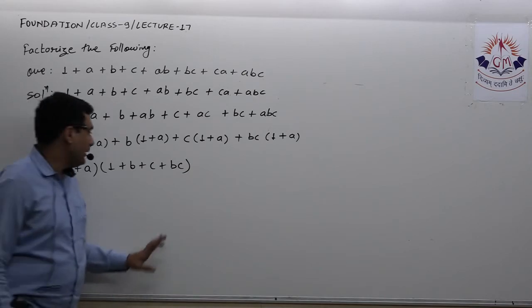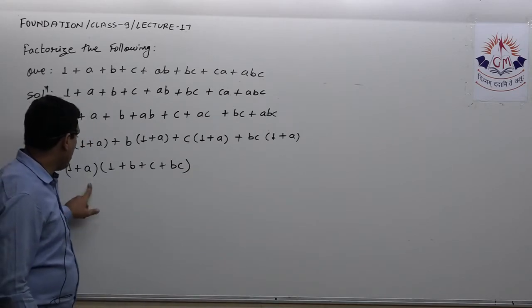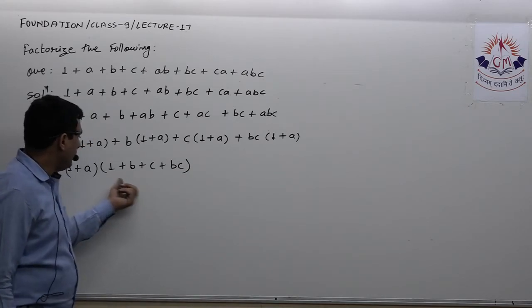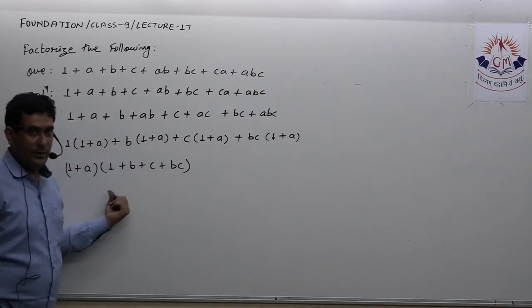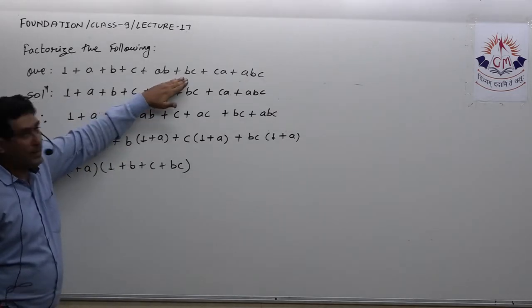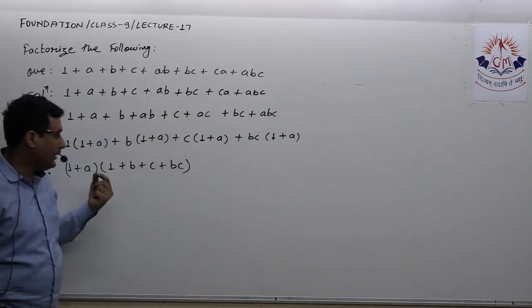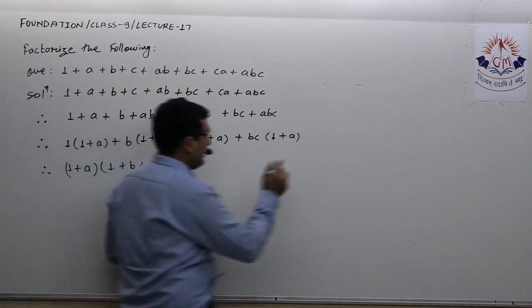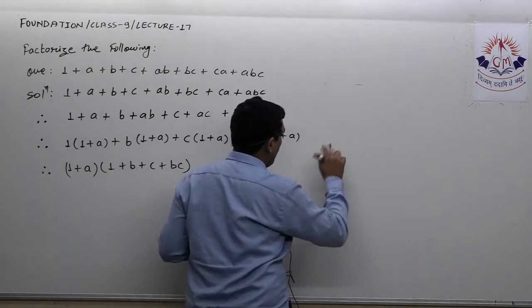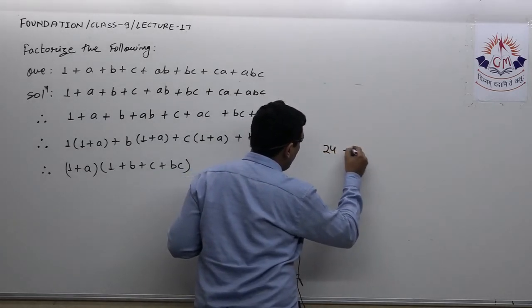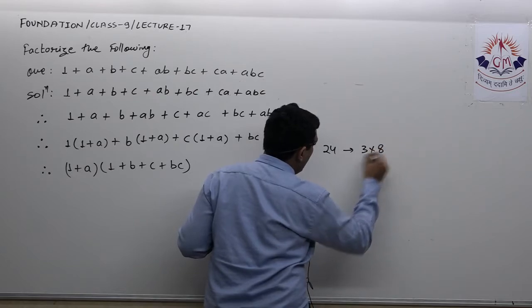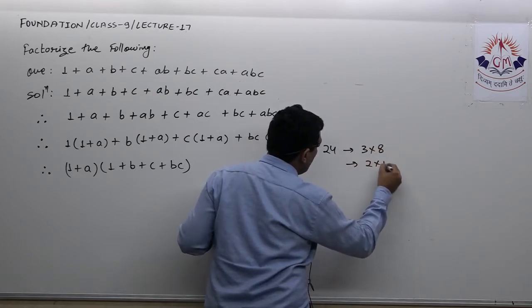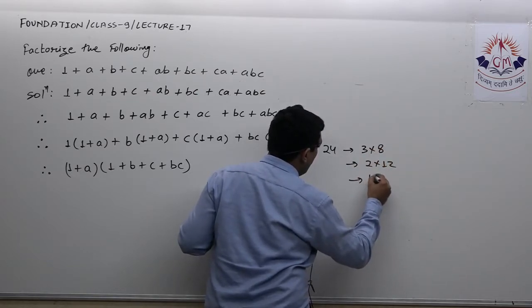Now one thing more, even if I take 1 plus b common, this expression will be different. That means for the same expression, it is possible to find different sets of factors. Let me explain this way. Suppose I have the number 24, so I can write this as 3 into 8, as well as 2 into 12, as well as 4 into 6.